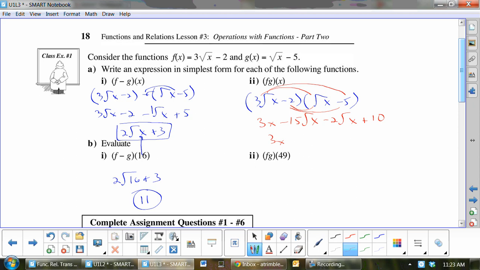So negative 15 root x minus 2 root x is negative 17 root x plus 10. Now all I'm going to do is put 49s in there with brackets. 3 times 49 minus 17 times root 49 plus 10. That works out to be 38.